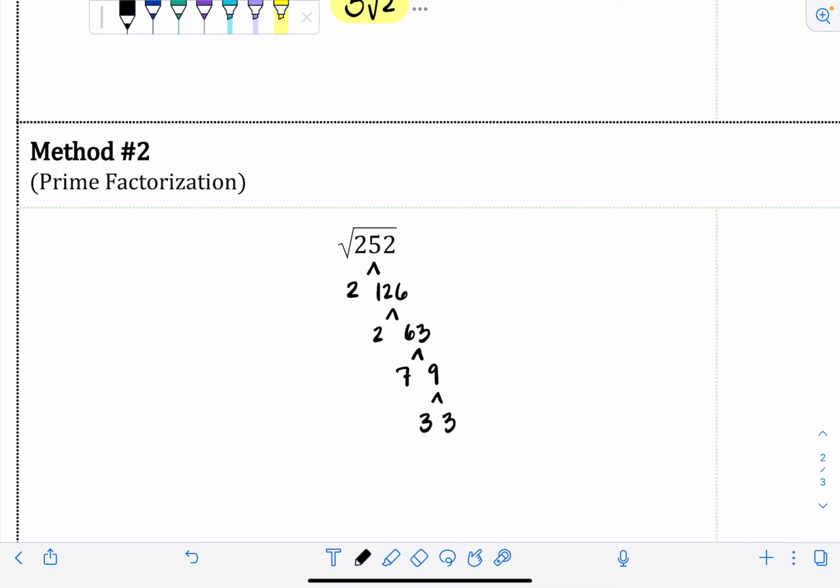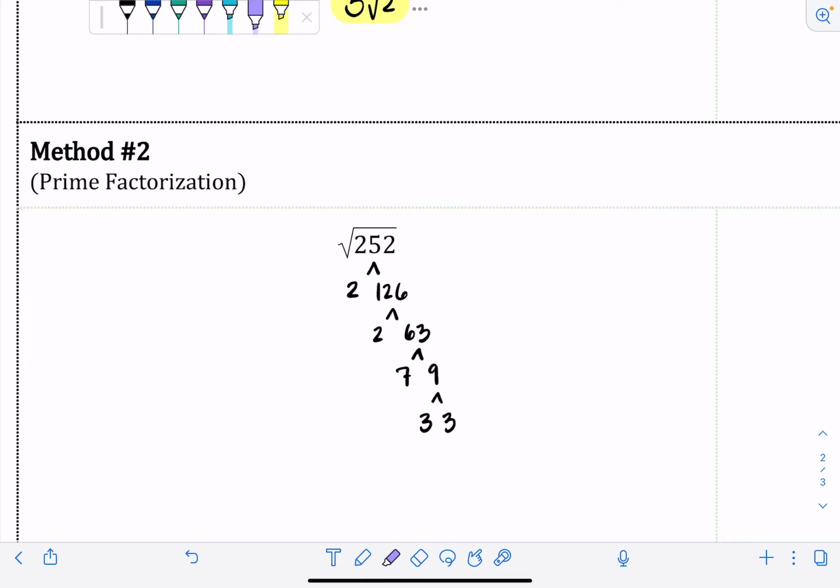Okay, so now when we use this method, we need to look for pairs of the same number on our, in air quotes, leaves. So basically we're only looking at all of the prime numbers at the bottom of this factor tree. So only looking at those 2s, the 7 and the 3s. When I look at that group, I need to find some pairs.